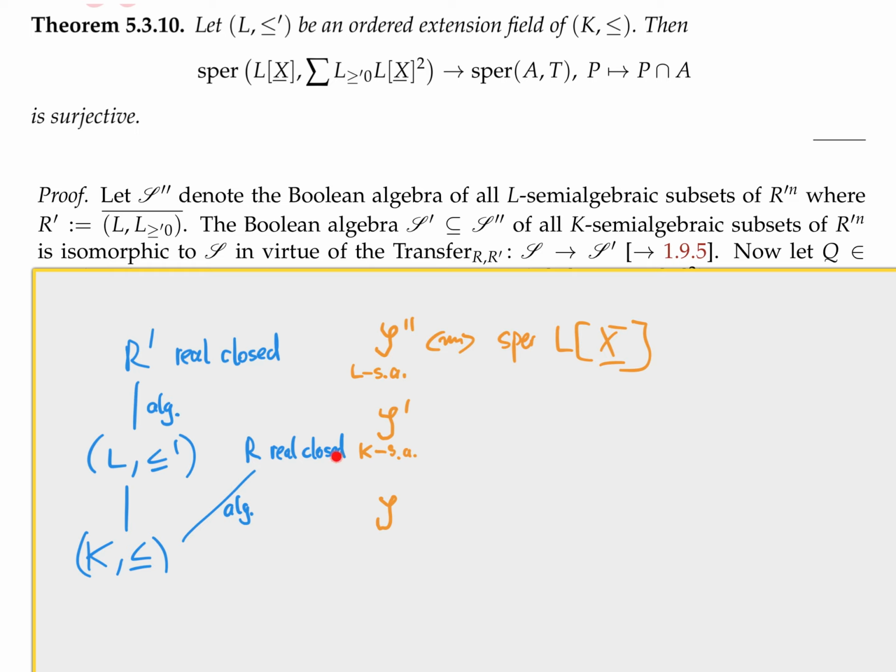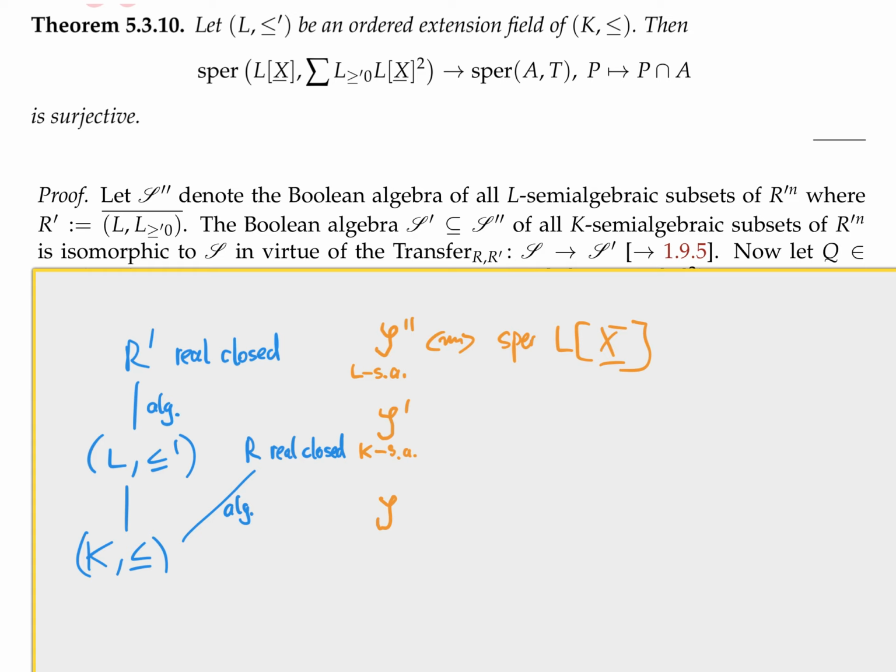Now, these are two real closed fields. R and R prime are real closed fields, and they have this common ordered subfield K less than or equal. In this situation, the transfer works, the transfer between K semi-algebraic sets, right?